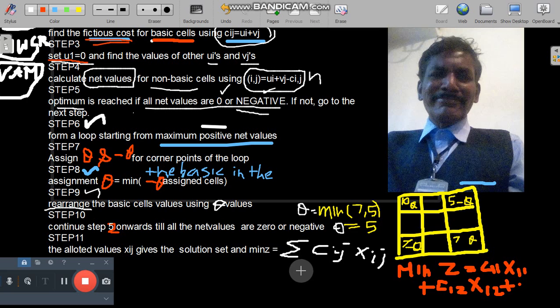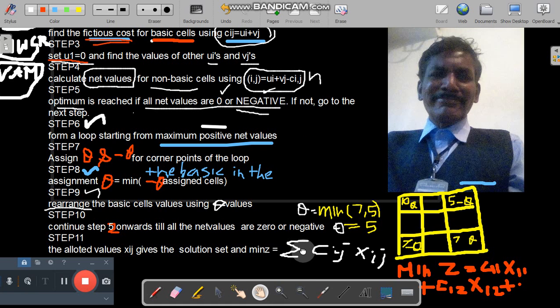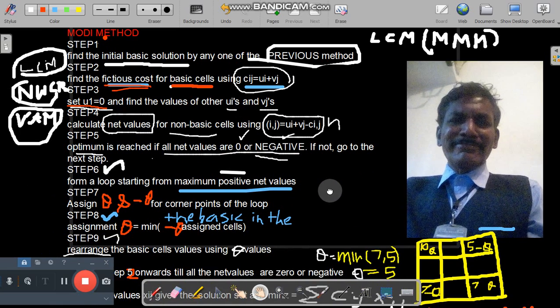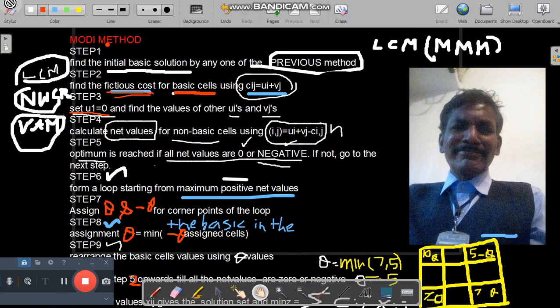That will give us the total transportation cost. So this particular method, we call it what? We call it the MODI method. That's what we have to understand. MODI, modified method we say.